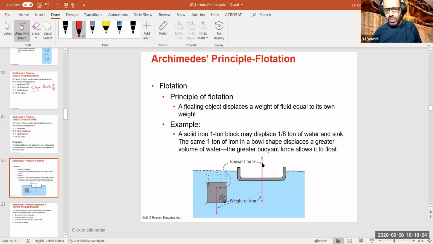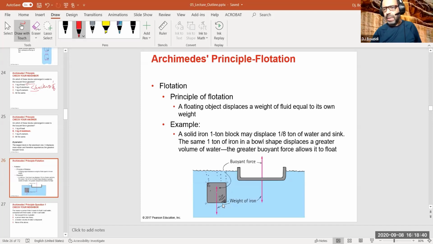Therefore, the buoyant force in this case will equal at least or more than the weight, so the object will float. This object in here will displace less, so there is less buoyant force in this case, and the weight will win, so it's going to sink.